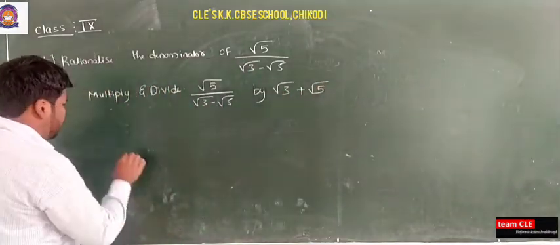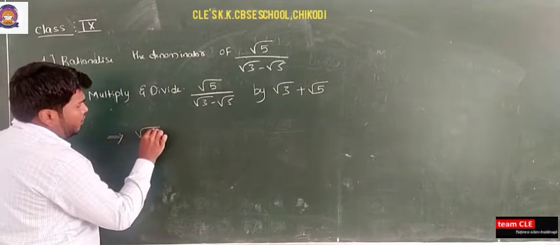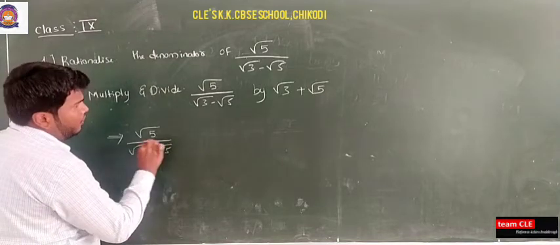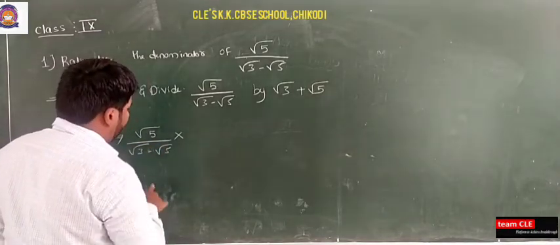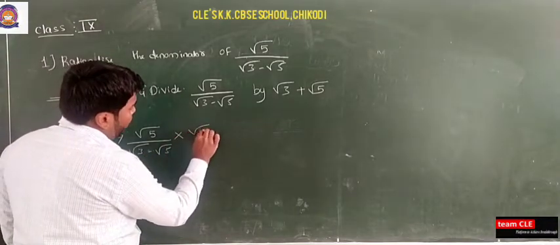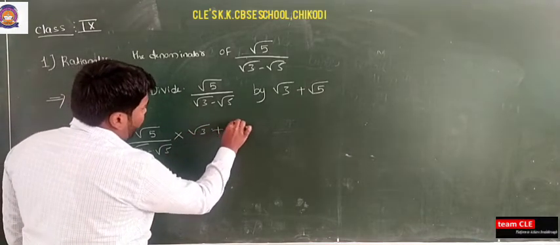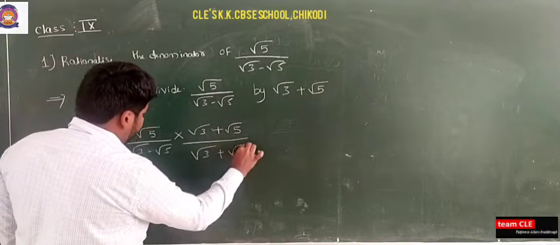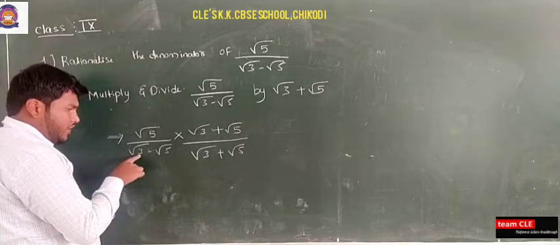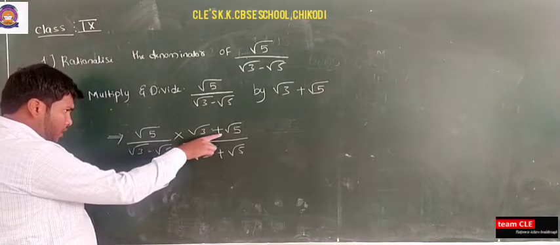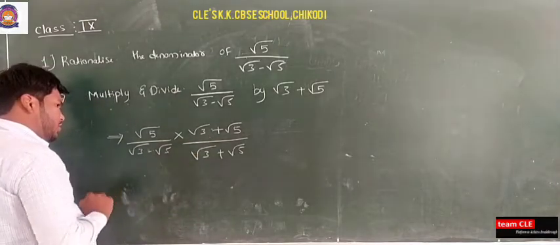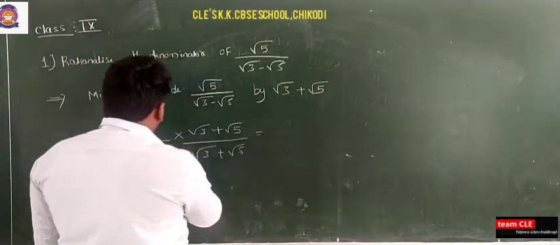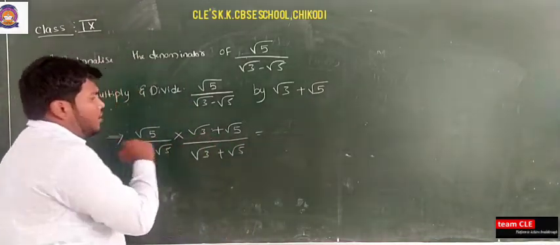So you have root 5 divided by root 3 minus root 5, and you multiply and divide both by changing the operation, root 3 plus root 5 over root 3 plus root 5. Just multiply and divide with the same denominator, root 3 plus root 5, because you change the operation.